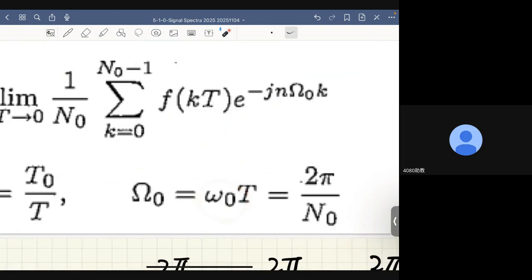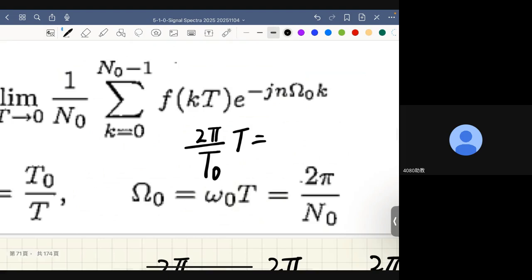The fundamental frequency of the signal. What is T? T is the sampling period. So let me write it down. Omega 0 is actually 2 pi over T0, right? And if I multiply omega 0 by T, this is what I have.